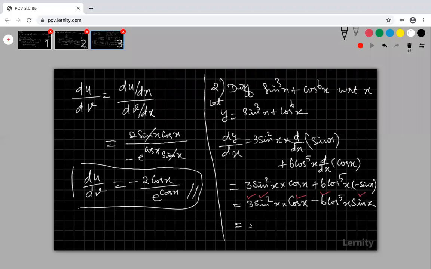So I can take 3 outside, one sin x outside, and one cos x outside. What is the remaining? 3 already taken outside, one sin x taken outside, so remaining is sin x. Here this is 2 into 3; 3 already taken outside, therefore 2 into sin x already taken outside, one cos x taken outside, the remaining is cos power 4x.